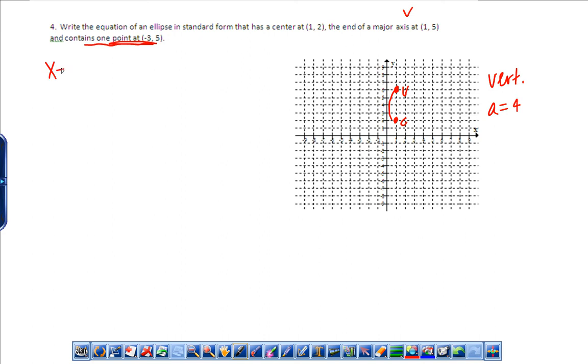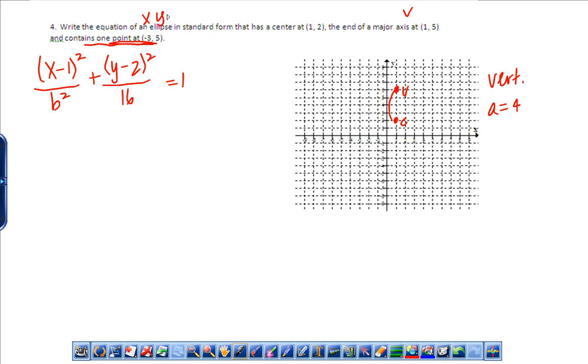We have (x minus 1) quantity squared, and we have (y minus 2) quantity squared, is equal to 1. Since it's vertical, we know a is going to be over here, so this is 16, and we don't know b. We do have a point, so that means that we have an x, y.